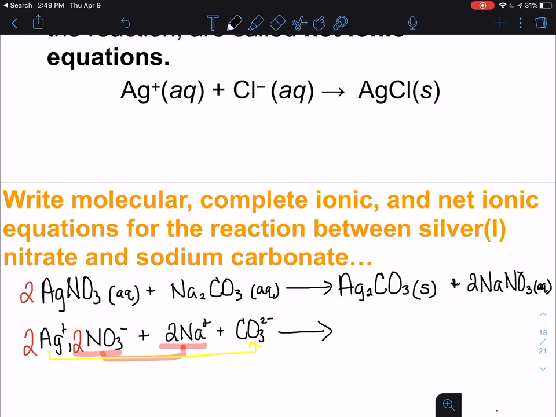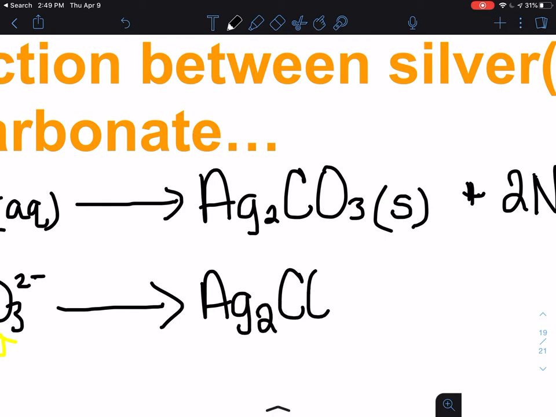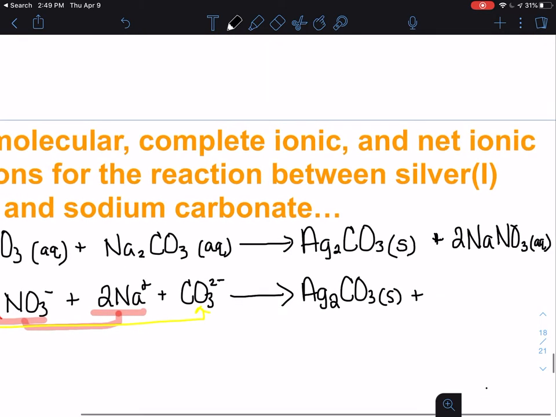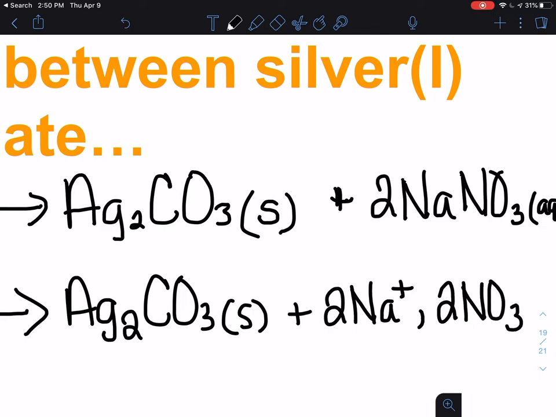Because this guy right here is a solid, I cannot break him up when I bring him down. I have to keep them together. So Ag2CO3, solid, plus, and since this is aqueous, I have to break it up: 2Na plus, 2NO3 minus.